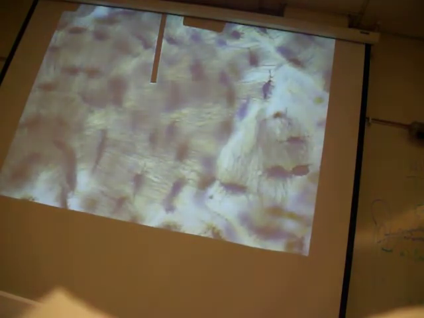So that's how the blood supply, the nutrients, get out to the bone cells. So for those of you who've had anatomy already, this should all be familiar stuff. Correct? Alright, that's bone.